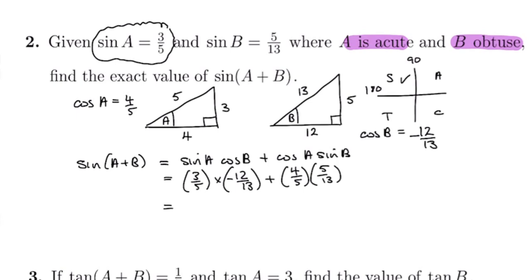If you get your calculator to work that out for you, you get negative 16/65. So that is the value of sine of A plus B.